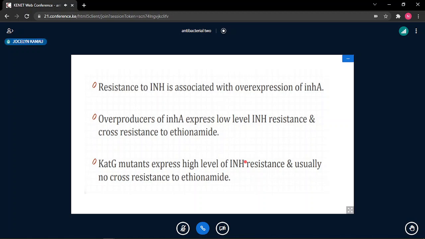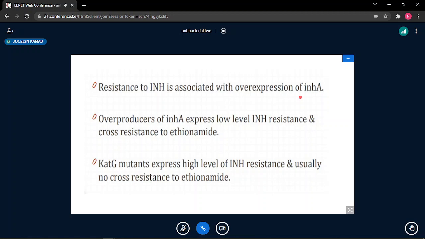Resistance to isoniazid is associated with overexpression of the inhA. You see, if the microorganism develops a gene so that it can overexpress or oversynthesize the enzyme that is inhibited, then when you give the drug, it will inhibit some of that enzyme, but some of the enzyme will be free, and therefore mycolic acid will still be formed.